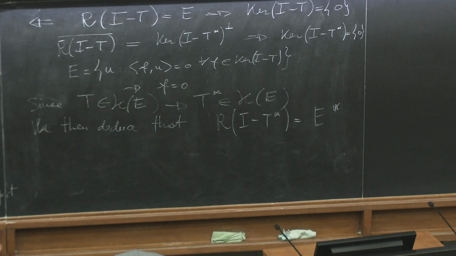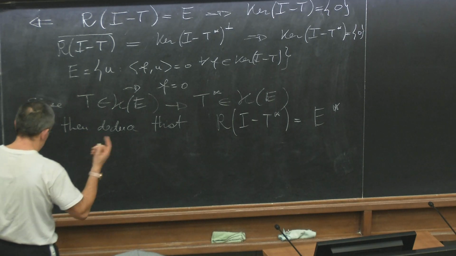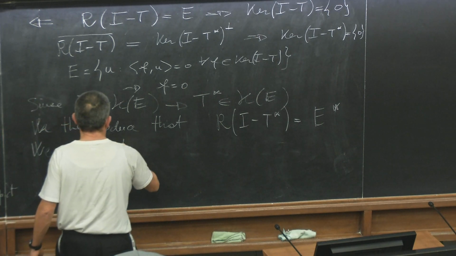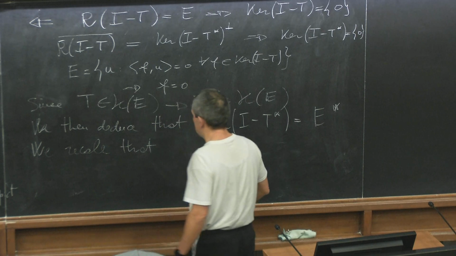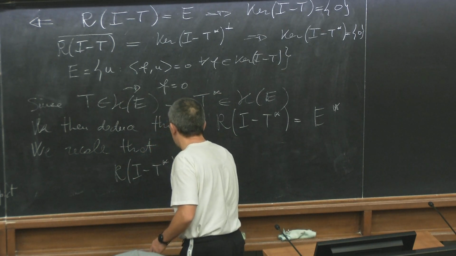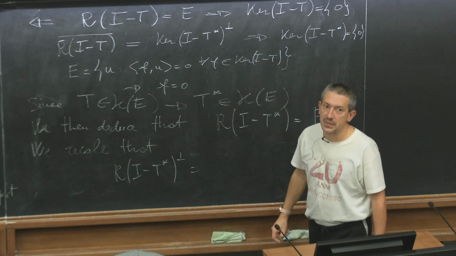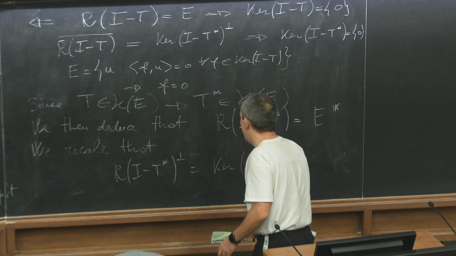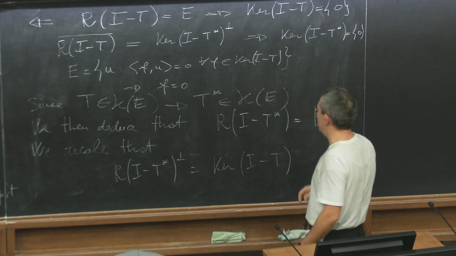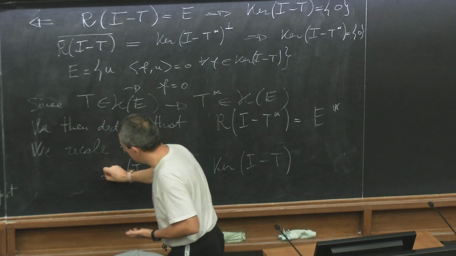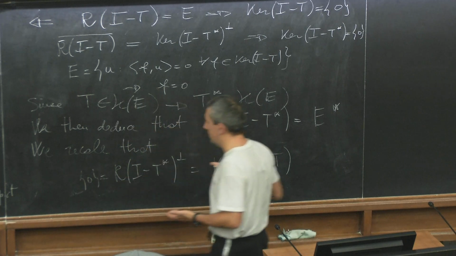Now, if you recall, another relation: what is the range of identity minus T star orthogonal? It's exactly the kernel of identity minus T. But since the range is E star, this is equal to 0, and then we deduce the theorem.